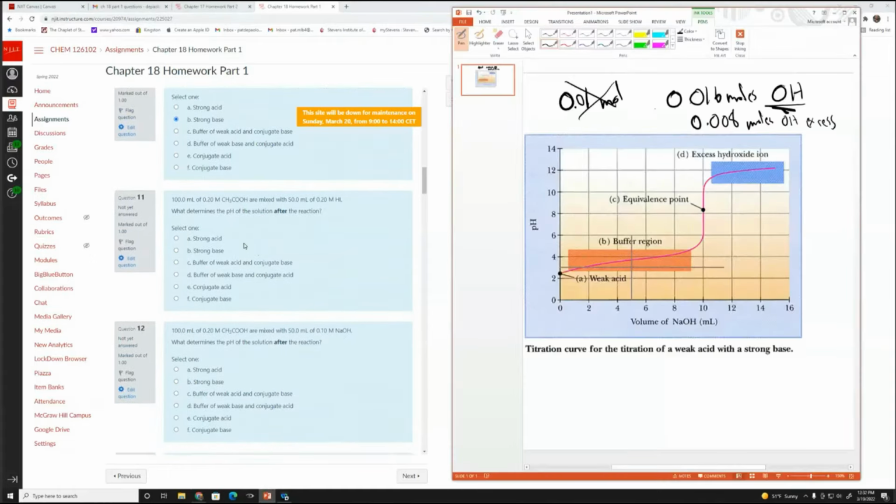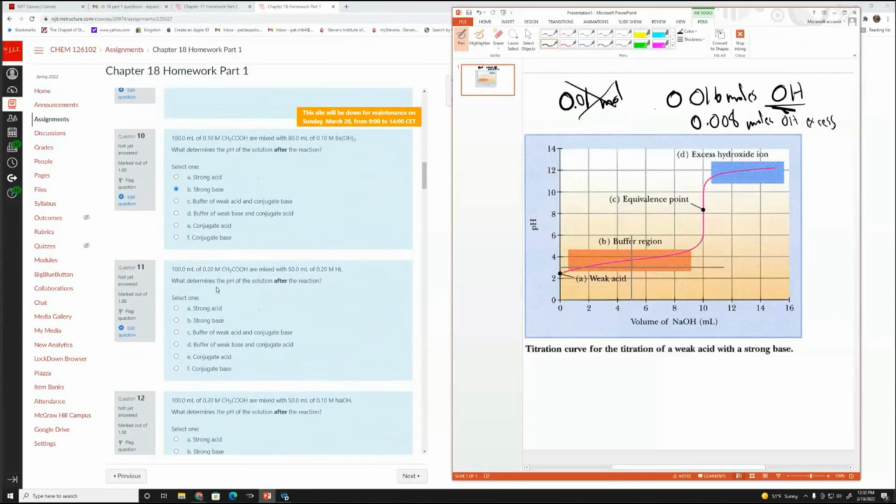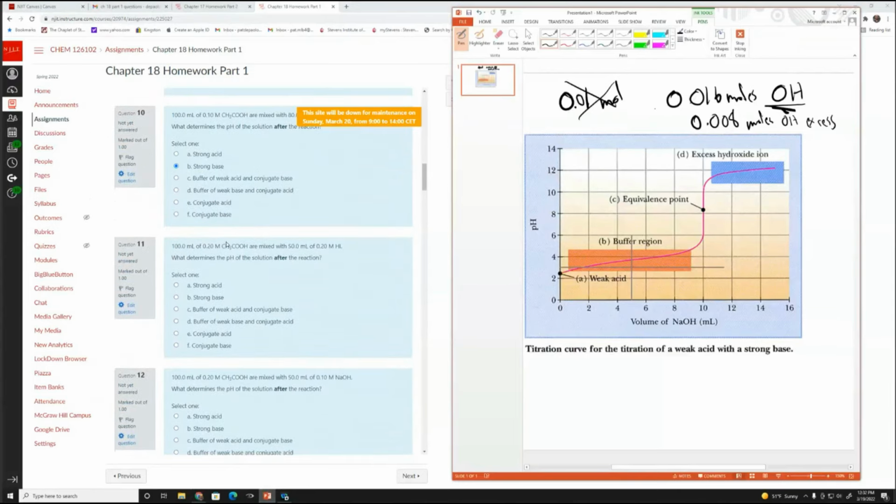Going forward, question 11. We have double the concentration of acetic acid, which means our new moles is 0.02. And we're being mixed with 50 milliliters of 0.2 molar HI. Now, HI, unlike the previous question with barium hydroxide, is a strong acid. So you're mixing a weak acid and a strong acid.